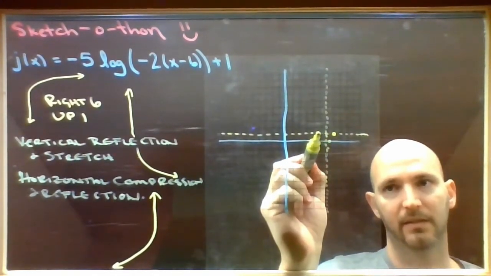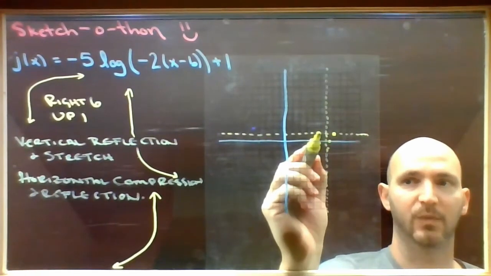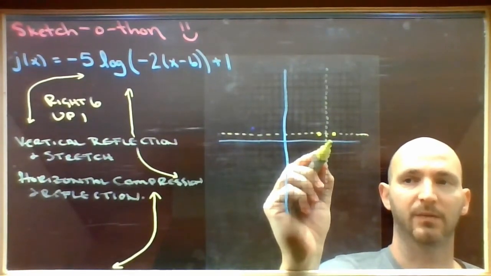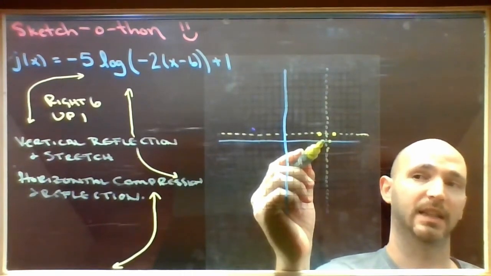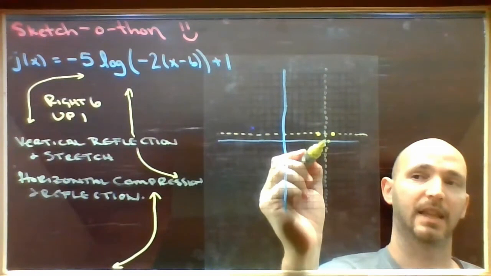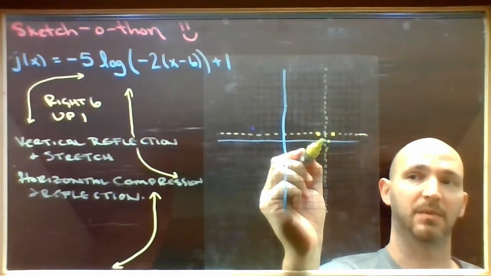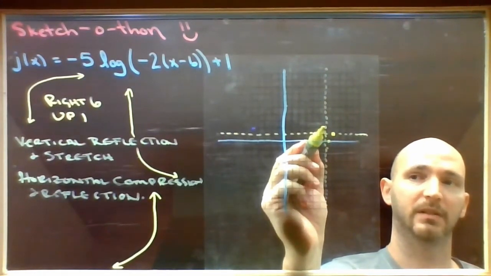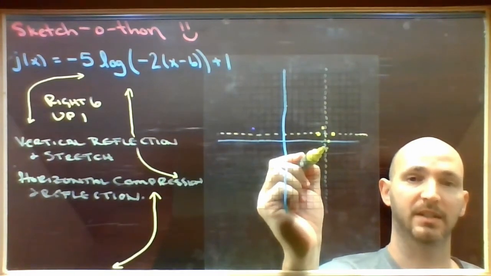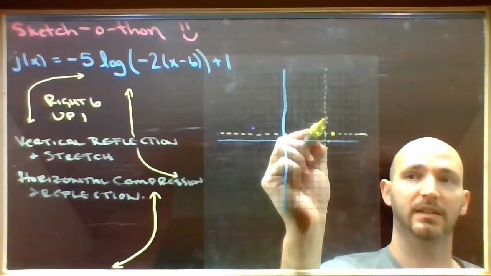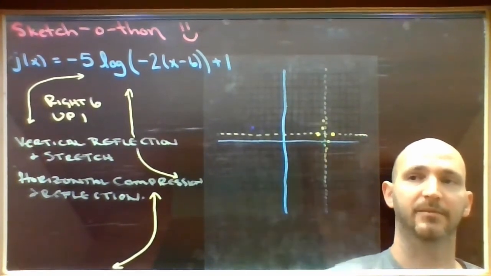horizontally and then vertically, that one doesn't move. This one, reflected horizontally, ends up just here on the left side of the y-axis, and then flipped vertically, it ends up above it instead of below it. This one, flipped horizontally to the other side, flipped vertically to the other side. It's like this.